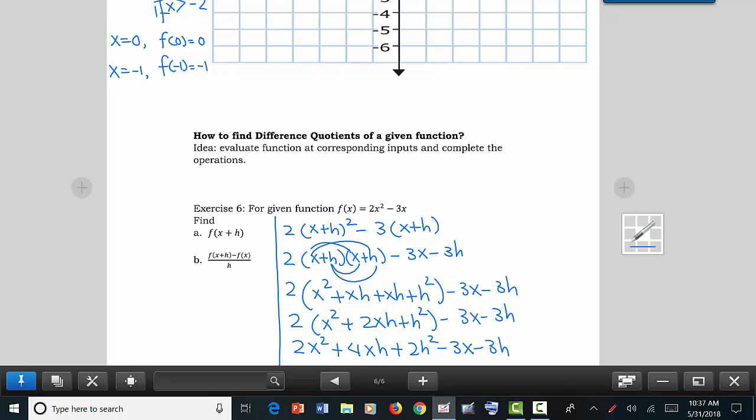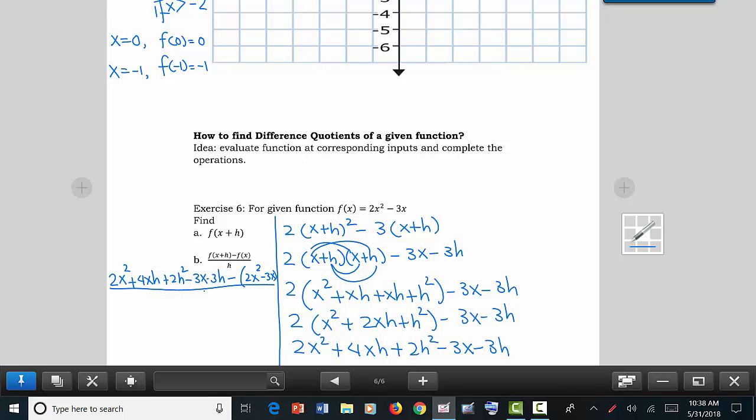On part B, we have the subtraction of the original expression. So 2x squared plus 4xh plus 2h squared minus 3x minus 3h. That is f of x plus h we got from part A. Minus f of x, which is 2x squared minus 3x, all divided by h.